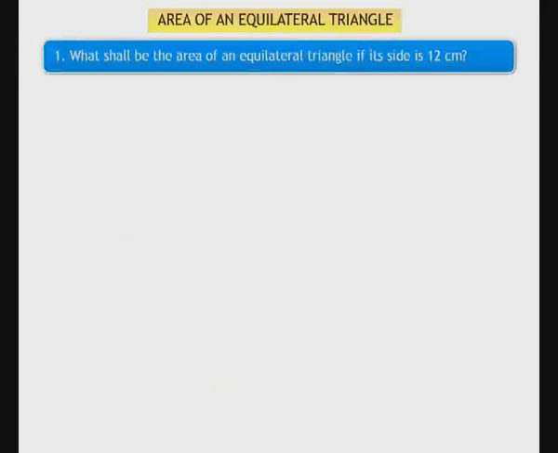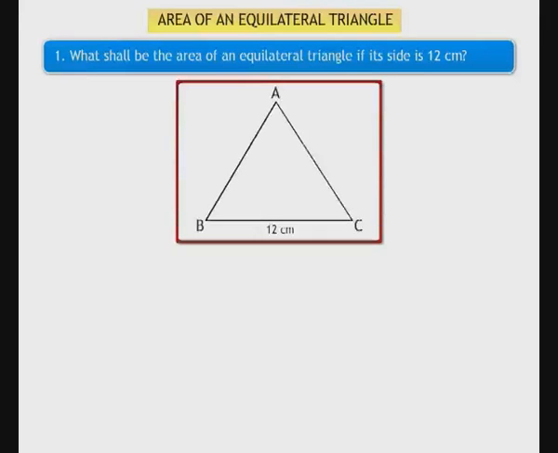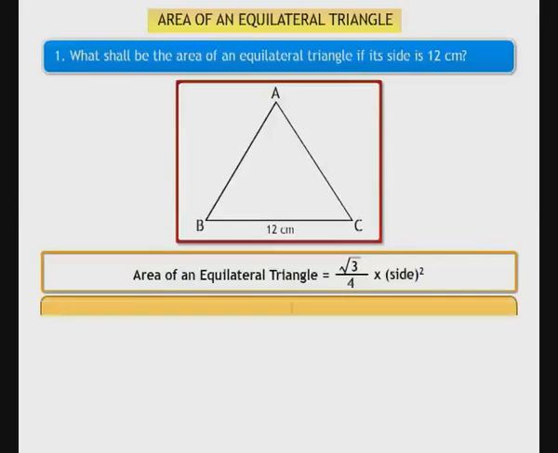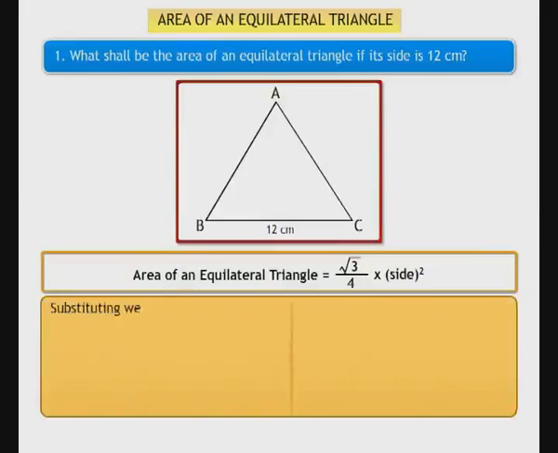Given, one diagonal is 84 cm and the other diagonal is 42 cm. To solve, the area of a rhombus is equal to 1 upon 2 into the product of the lengths of the diagonals. By substituting, we get area of a rhombus is equal to 1 upon 2 into diagonal AC into diagonal BD.